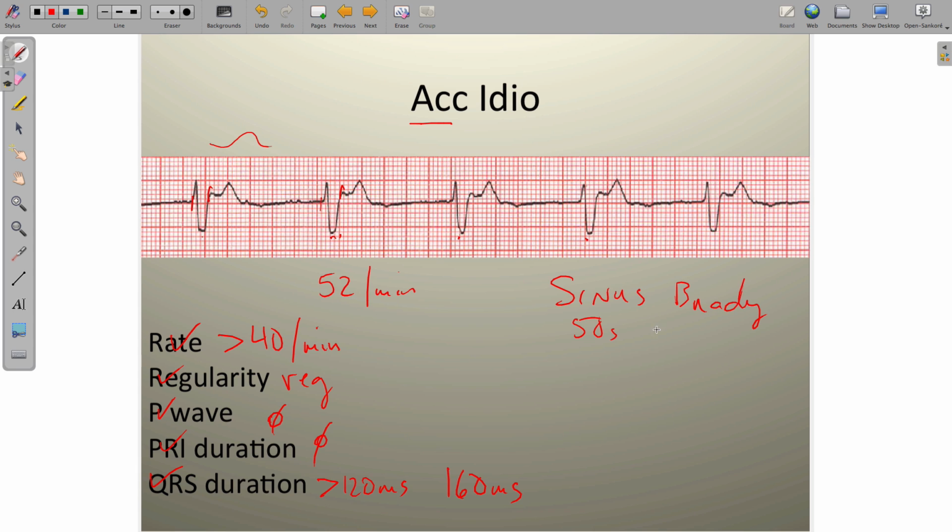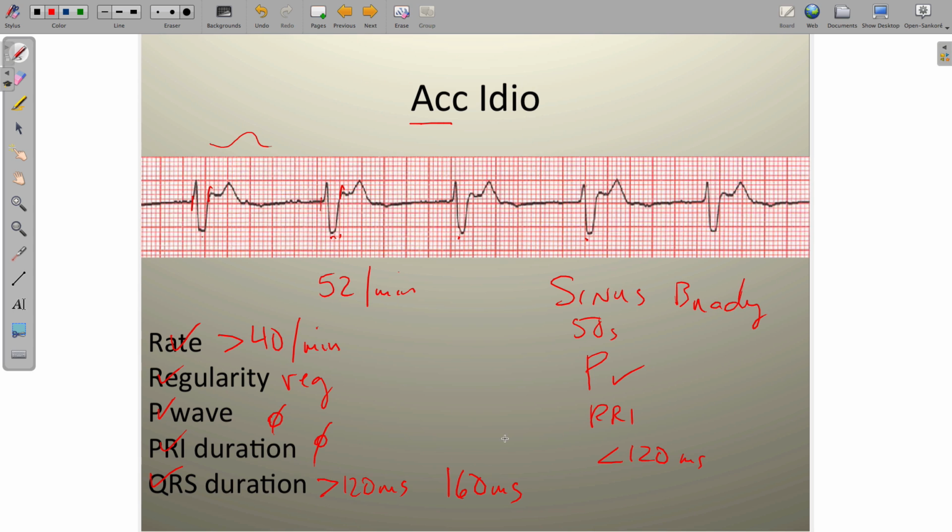The answer is, in sinus bradycardia, you get P waves. In accelerated idioventricular, you do not. Therefore, in brady, you get PR intervals. In accelerated idioventricular, you do not. In sinus brady, you get a narrow QRS, less than 120 milliseconds. In accelerated idioventricular, you get something wide.